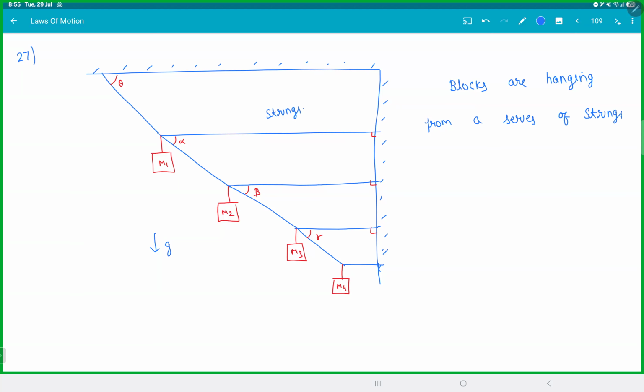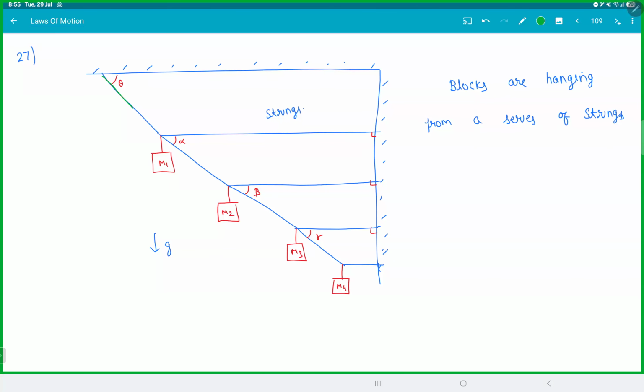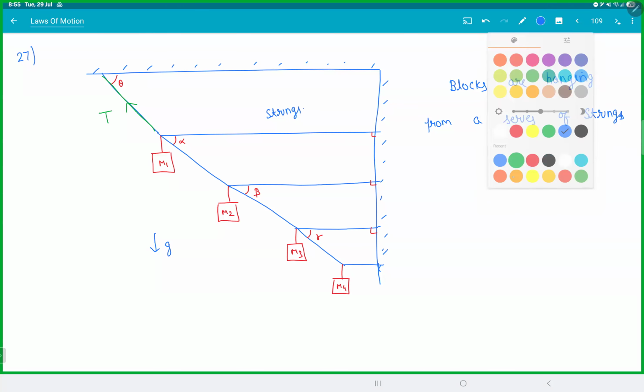And I want you to find the tension in the string on the top. Let this be T. T is the tension in the uppermost string. Find T in equilibrium.